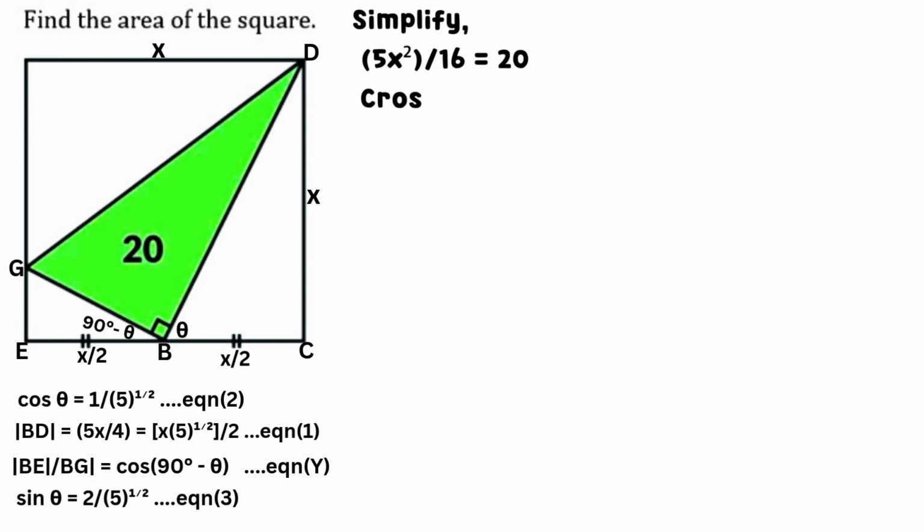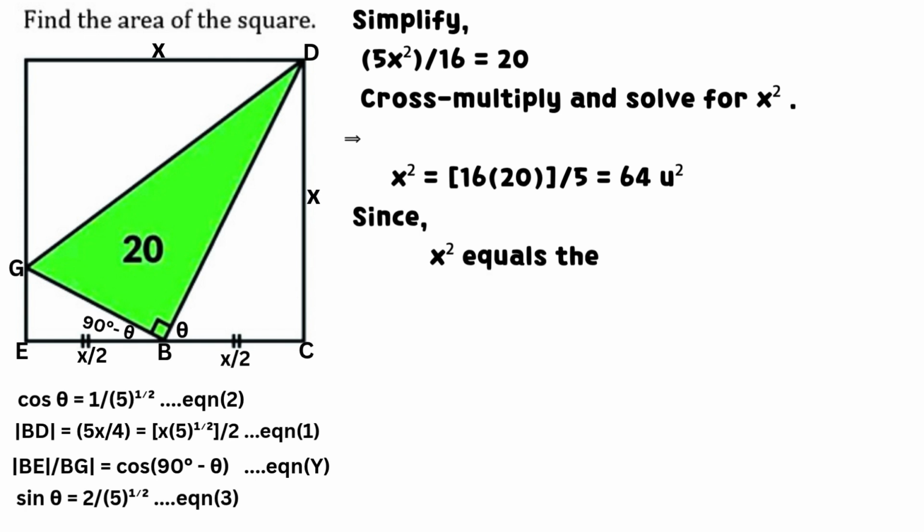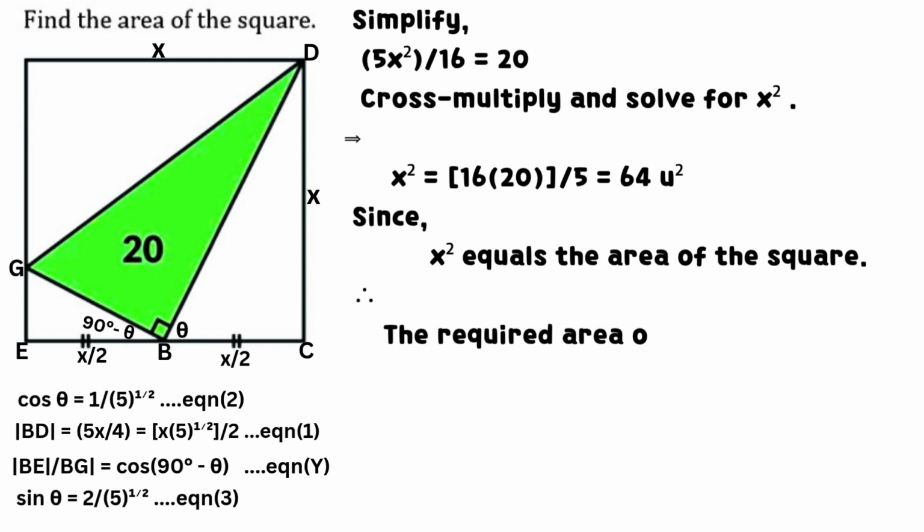Simplify. It implies that 5 times x squared, all divided by 16, equals 20. Cross-multiply and solve for the square of x. It follows that the square of x equals 16 times 20, all divided by 5, which equals 64 square units.